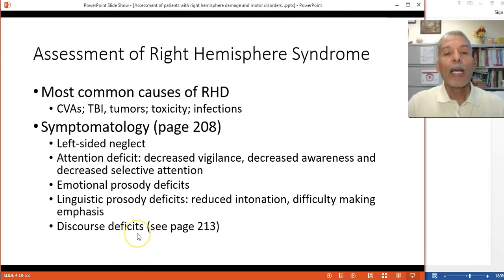Discourse deficits, again, these have to do with how you construct your verbal output. It shows in conversation, in the ability to make conversation or to tell a story, and in the ability to comprehend a conversation or to comprehend a story or anything that is beyond a paragraph.